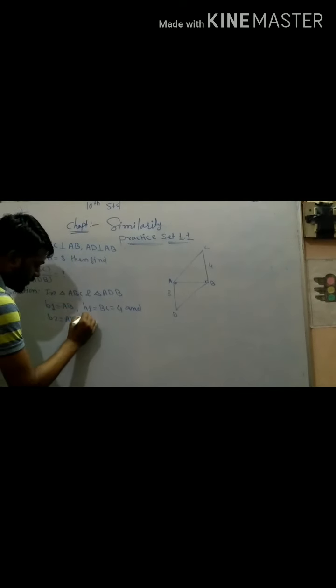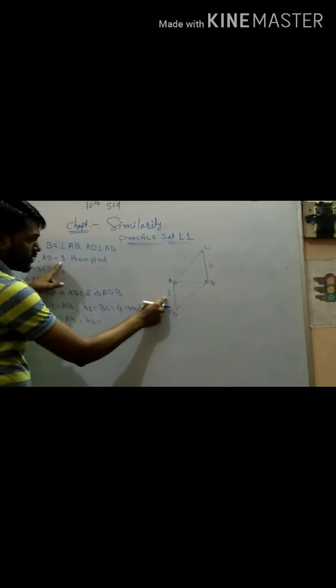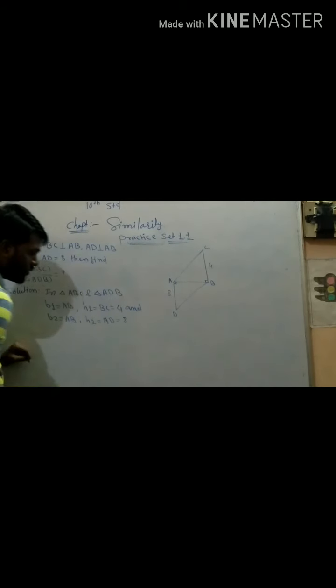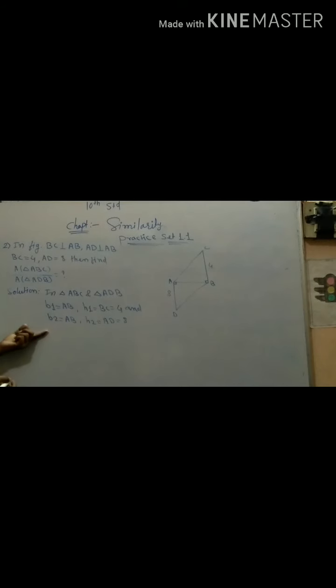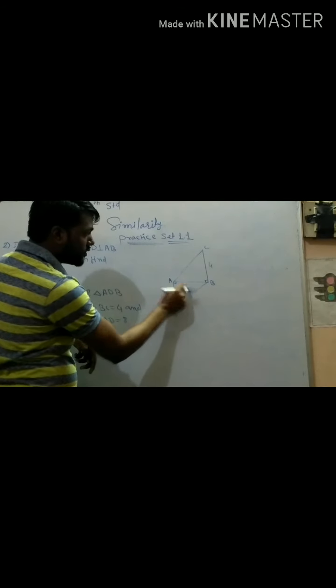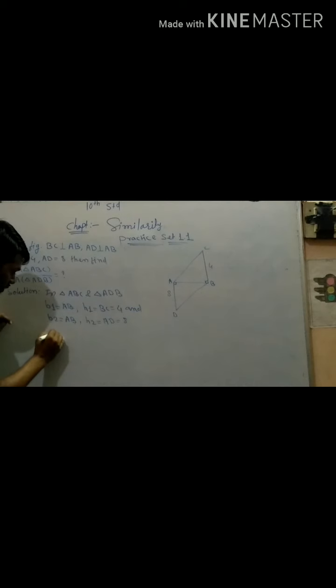And then what is the height of the other triangle? ADB is the triangle. Then what is the height of this triangle? AD is the height of this triangle. If the bases of both triangles are common or equal, you can say common.